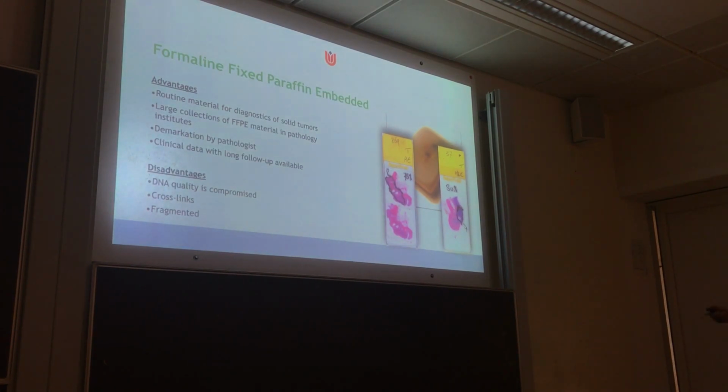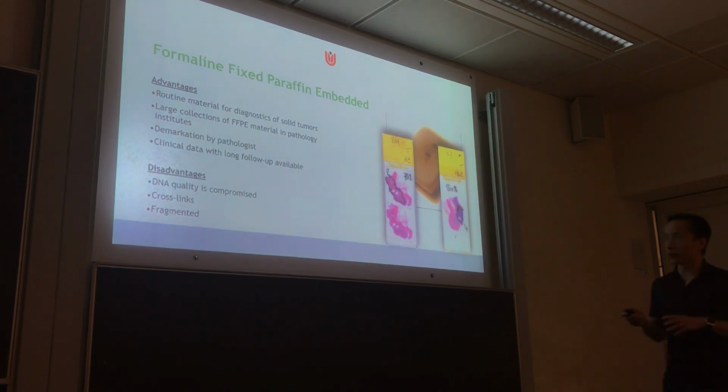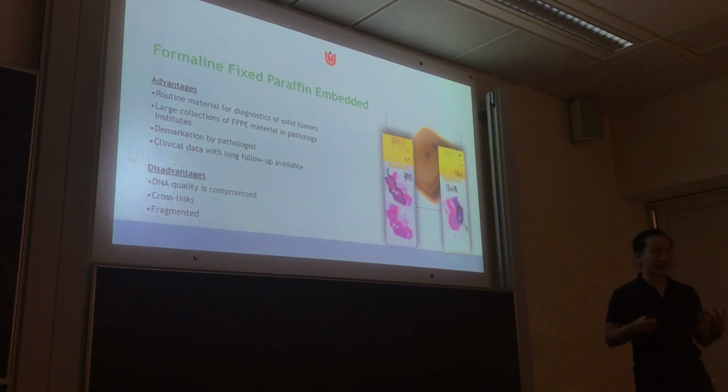So one other very important aspect of paraffin material, the fact that we've been doing that for such a long time, also means that we know what has happened to the patient. I mean, we have blocks maybe from 30 years ago. So we know exactly from those patients, did they survive? Or did they actually, unfortunately, die maybe after the first year?